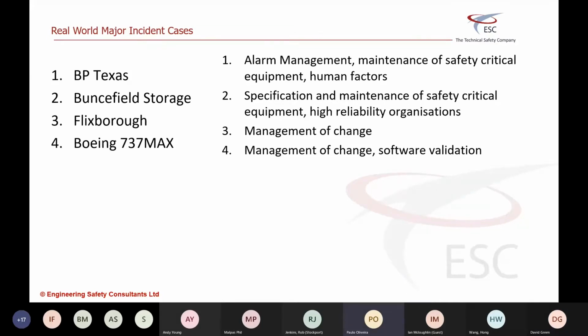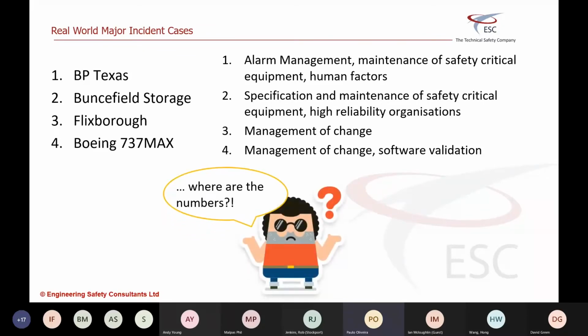Brilliant. I learned quite a lot about these incidents, but where are the numbers? Where's the warm fuzzy feeling that wasn't achieved by these companies or by these systems, that justifies all the effort that we put into calculating PFDs and getting headaches trying to meet that target?